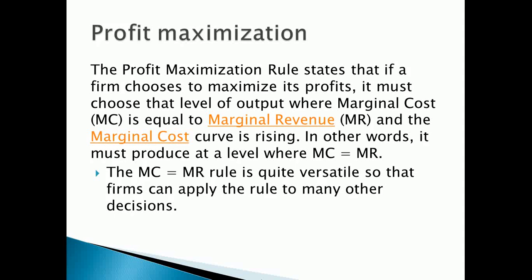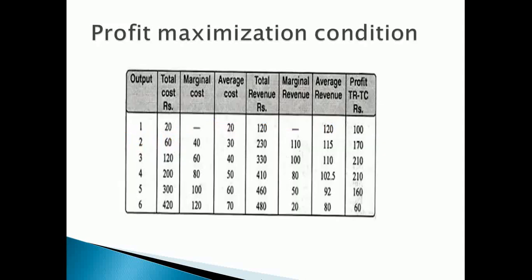Now this is the marginal approach that we saw on the table. This is the total approach. And in this situation, profit will be maximized when total revenue exceeds total cost by the greatest amount, as they have shown on the table. It is also the point when the additional revenue of producing one more unit is equal to the additional cost of producing one more unit, and the additional cost is also increasing.